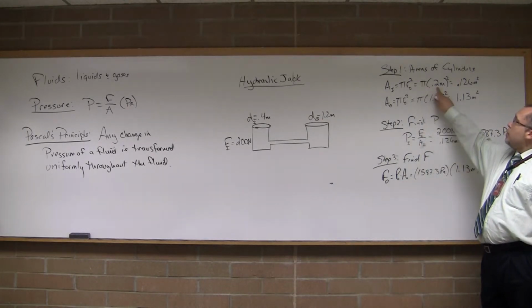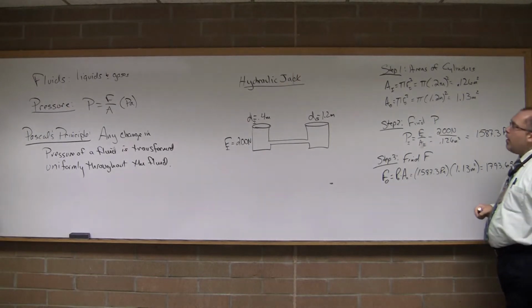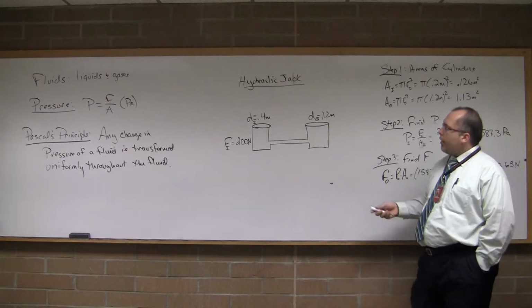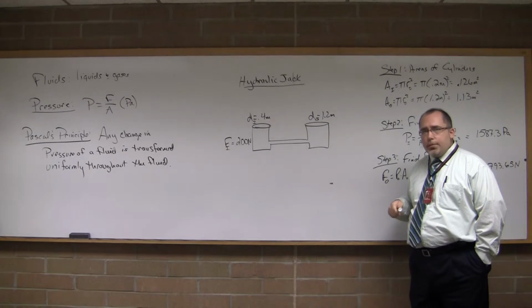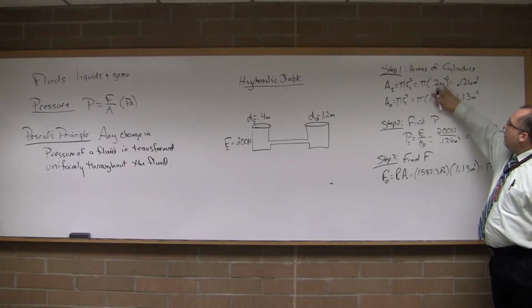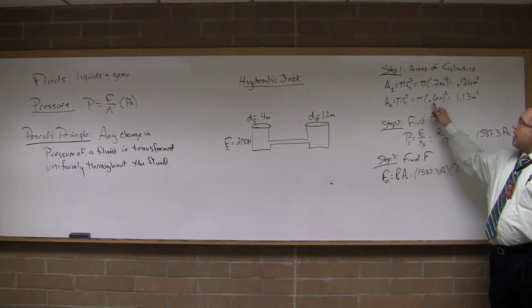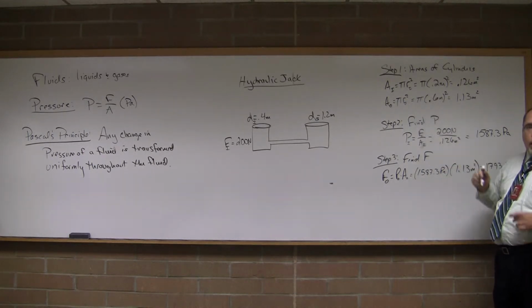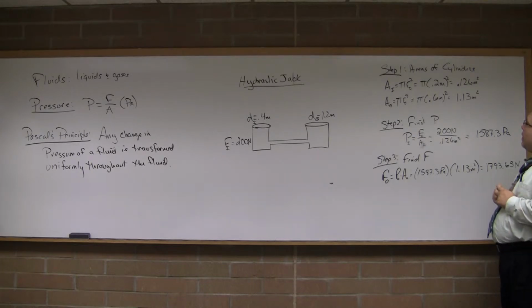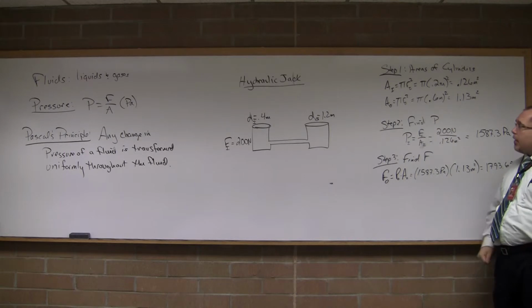So pi times 0.2 meters squared gives us about 0.126 square meters. And might as well do the output cylinder while we're at it. It has a diameter of 1.2 meters, so it has a radius of 0.6 meters. So we have pi times 0.6 meters squared, which gives us about 1.13 square meters. So step one is to get those two areas calculated.